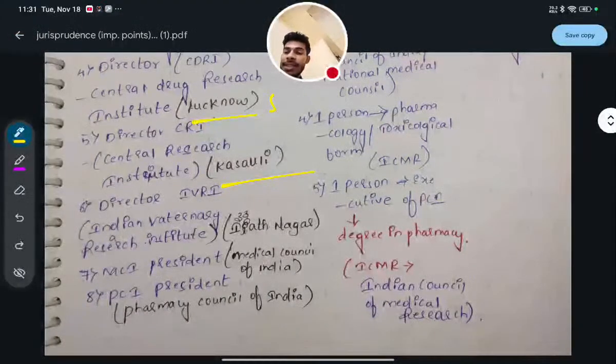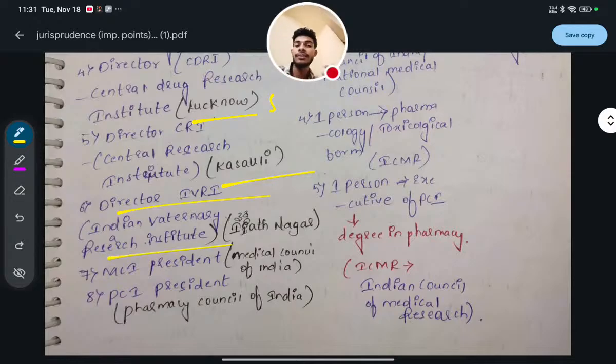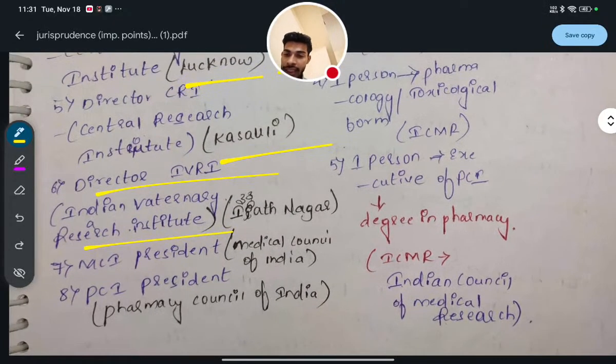Next, number 6, Director of IVRI, the Indian Veterinary Research Institute. If you remember what I mentioned in the definition of drug, these drugs are useful for humans and also for animals, and drugs also include mosquito repellents. Since animals are also included, we need some members from the veterinary section too. So the director of IVRI is present there.